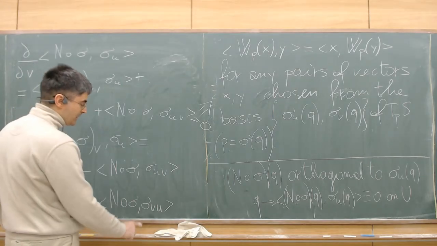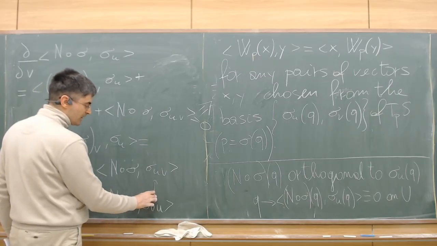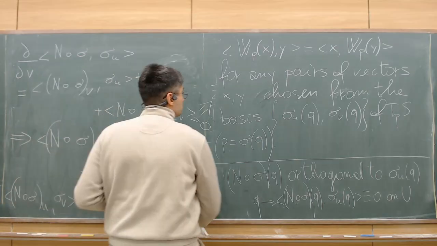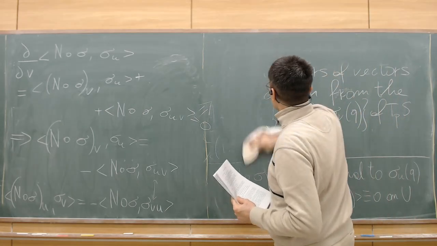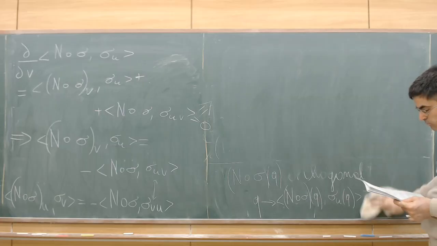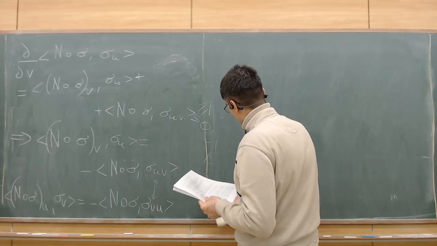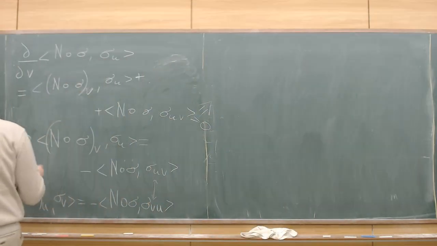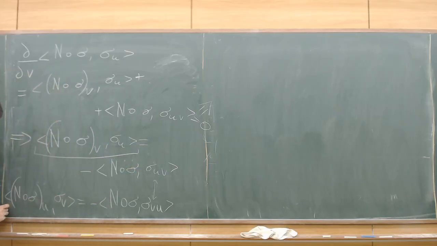Since sigma is a smooth map, then these two functions coincide. And this says that this function is equal to this function.